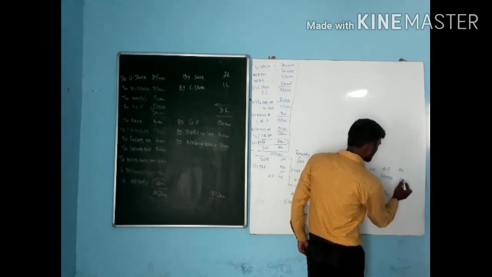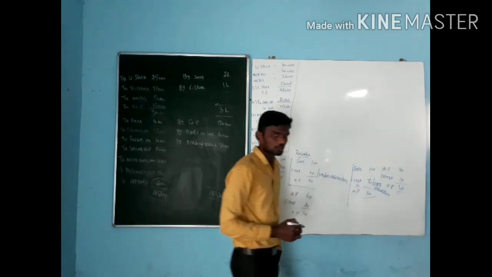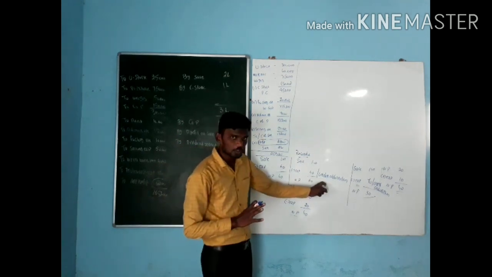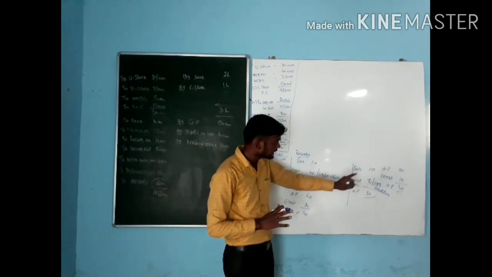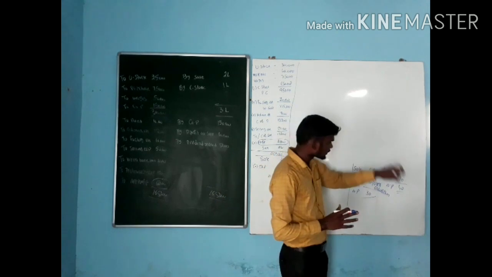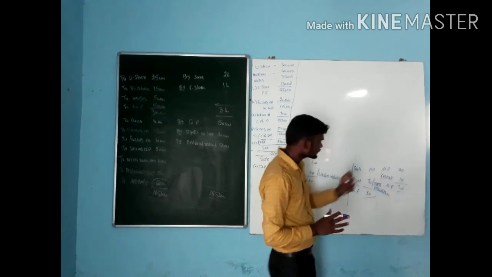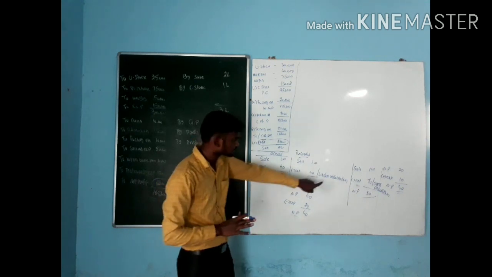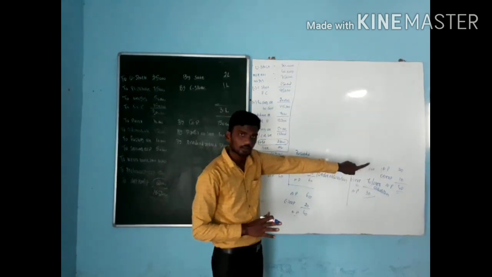That is 10 rupees added. So what's my net profit? Net profit is 40 rupees. When it comes to expenses, under absorption, minus; over absorption, add. Next, the same we go for incomes.